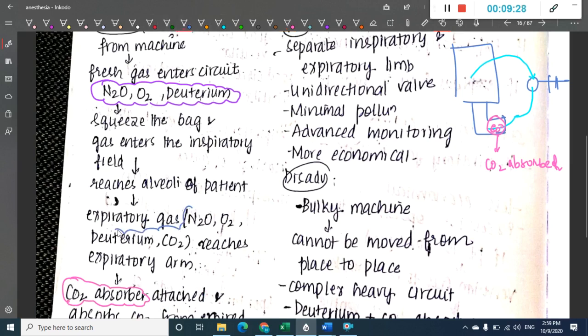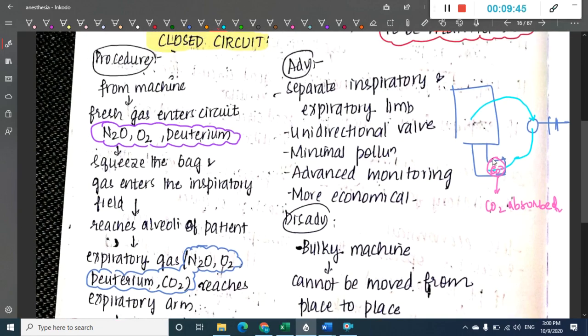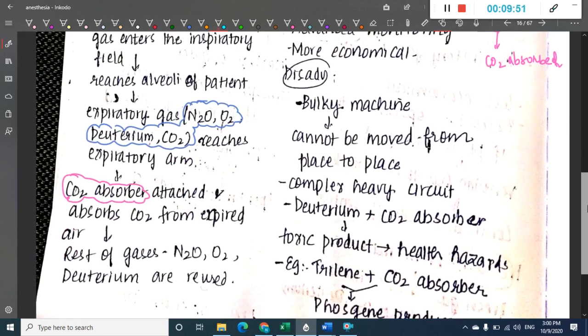It's similar, it contains nitrous oxide, deuterium, oxygen and carbon dioxide. We don't need to give carbon dioxide back to the patient, we will have to decrease the amount of carbon dioxide. So from the gas, the carbon dioxide is absorbed by this carbon dioxide absorber. Okay, and the rest of the gases enter the circuit back, and from there they enter into the patient again. Okay, so that is important.